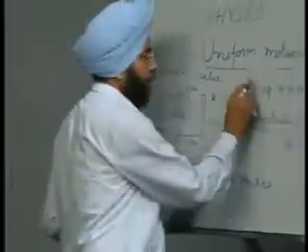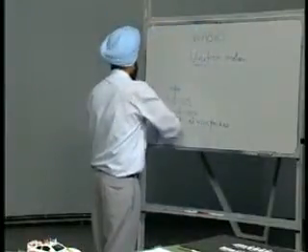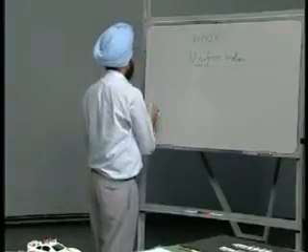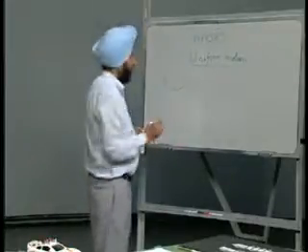And another example that distinguishes between distance and displacement is a semicircular path.